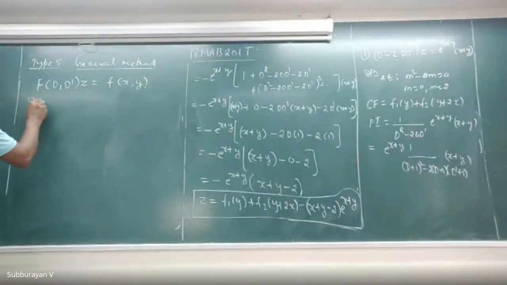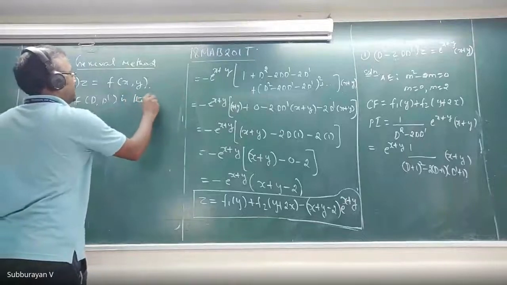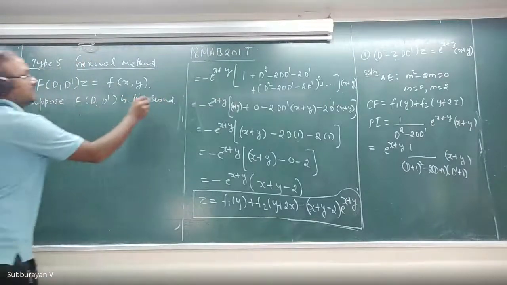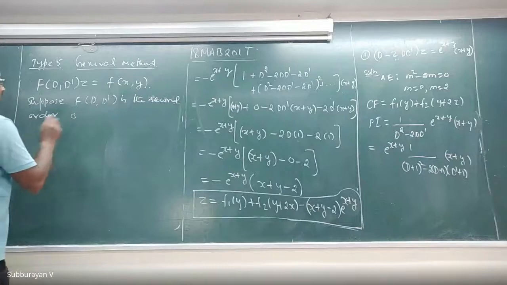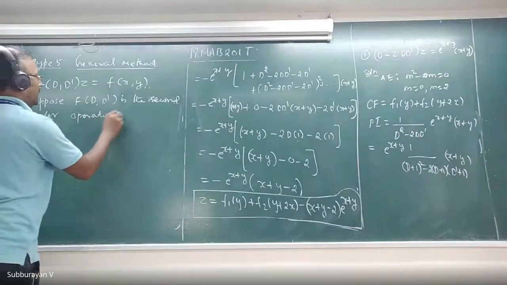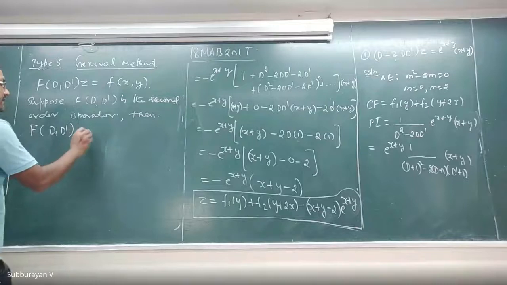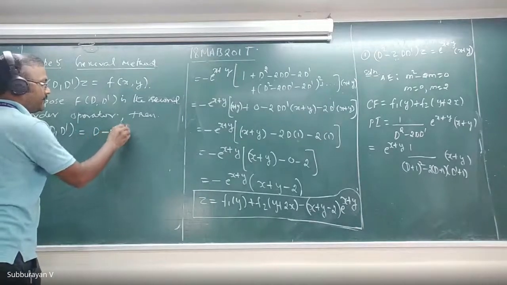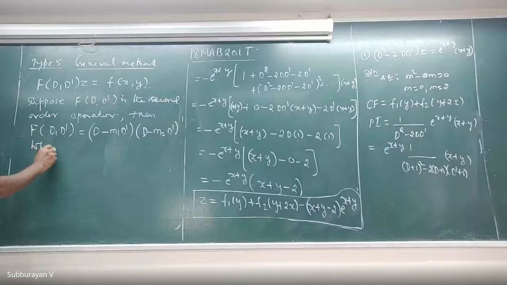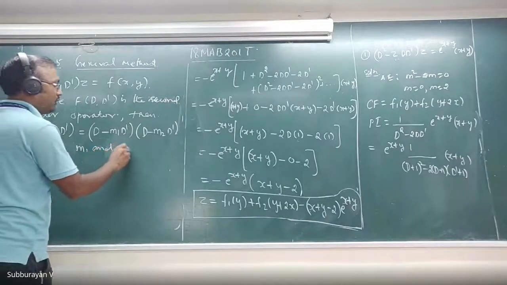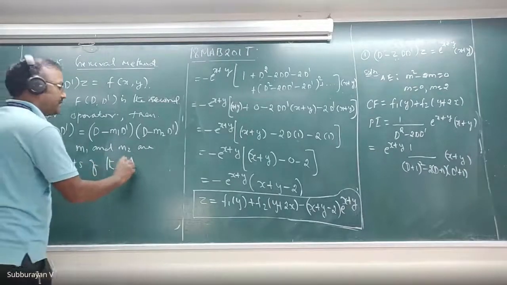Suppose f of D comma D prime is the second order operator, then f of D comma D prime can be written as (D minus m1 D prime) into (D minus m2 D prime), where m1 and m2 are the roots of the auxiliary equation.